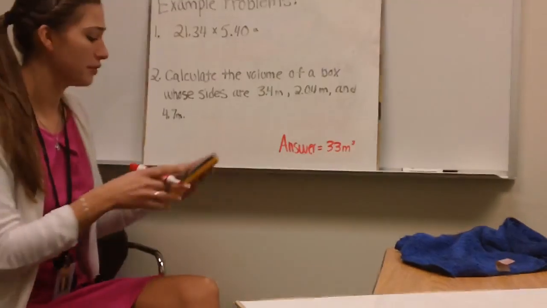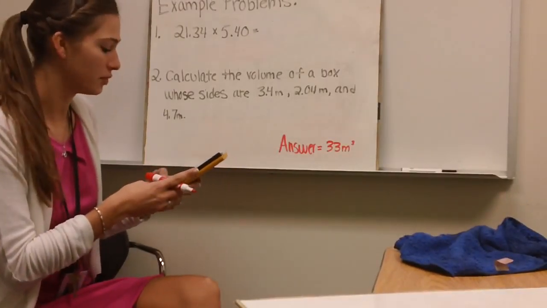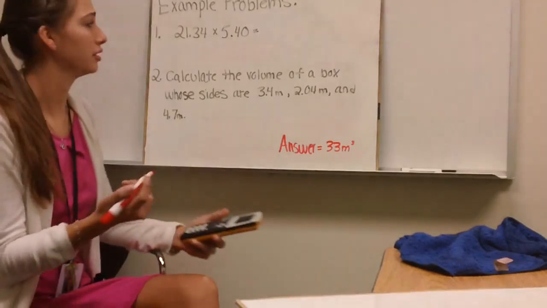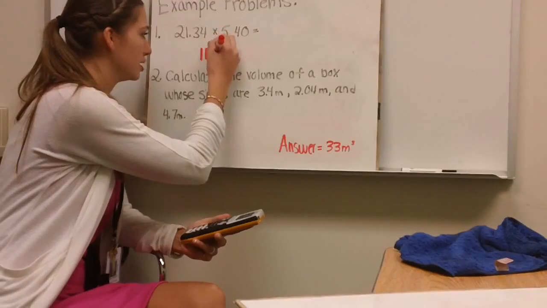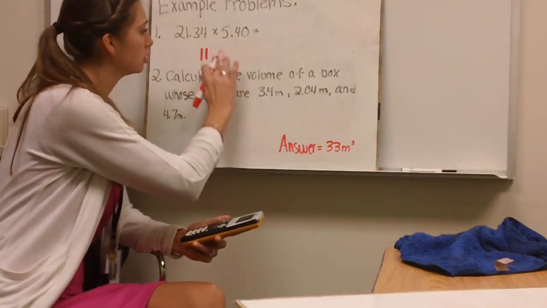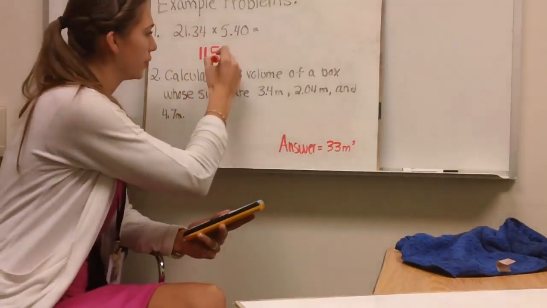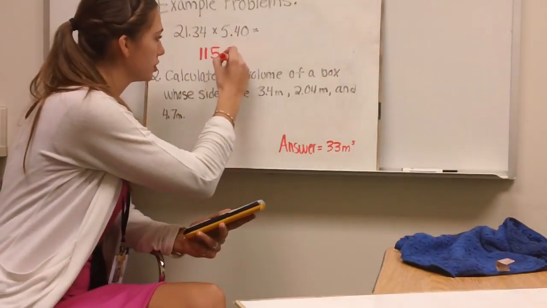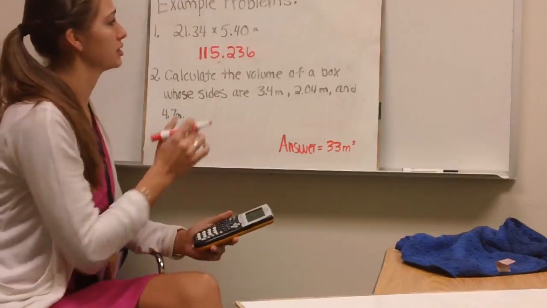So here, if we were to plug 21.34 times 5.40 into our calculator, we would get an answer of 115.236. So looking for the least amount of significant figures.